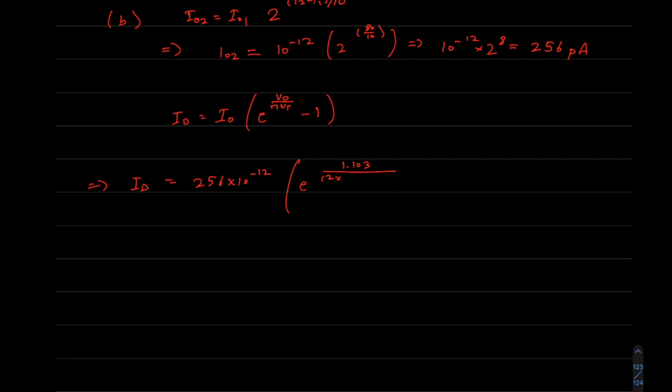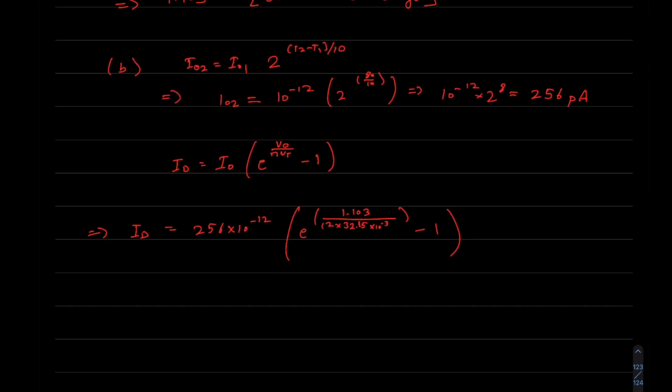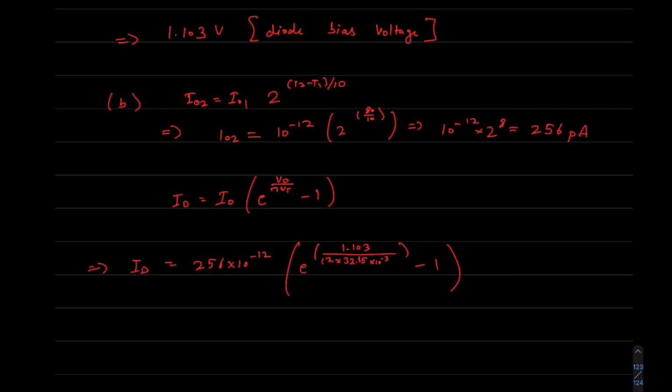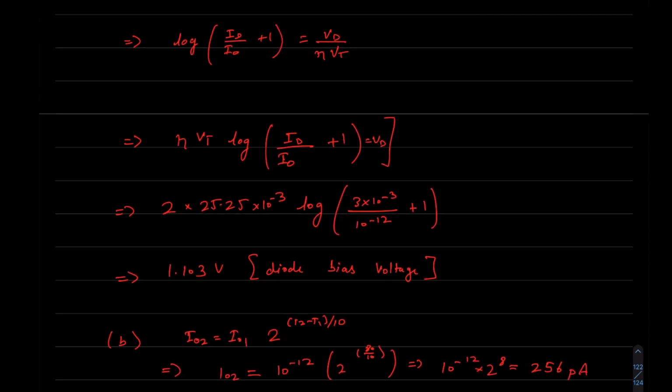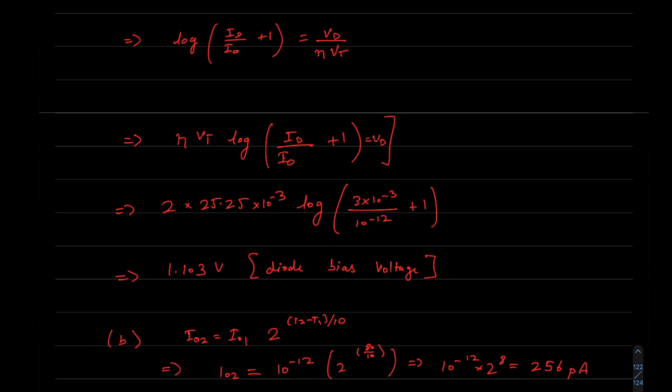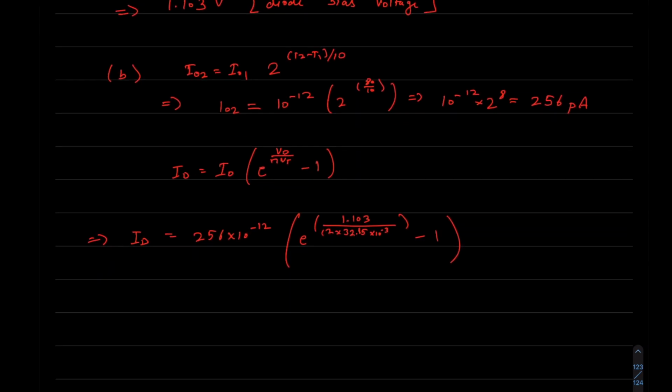32.15 into 10 to the power minus 3, minus 1. Cool. Now you'll be asking where this 32.15 into 10 to the power minus 3 came from, right? Which is a good question. If you remember, Vt also changes with temperature, right?